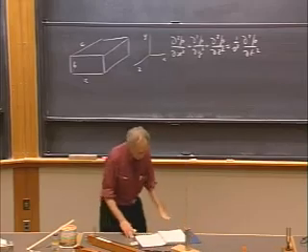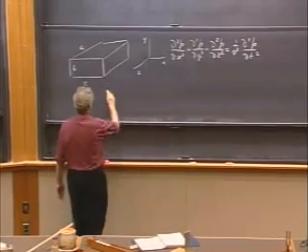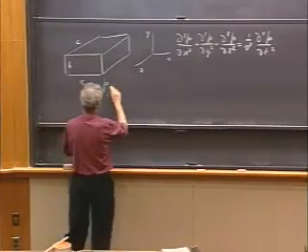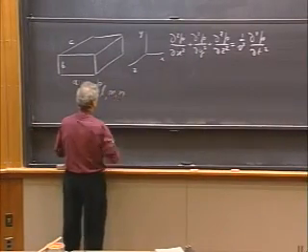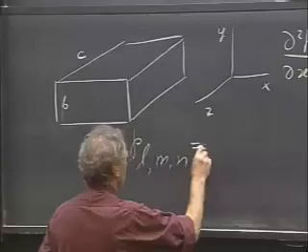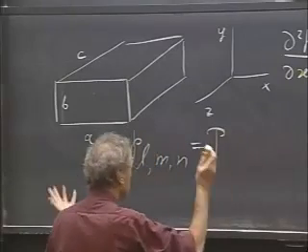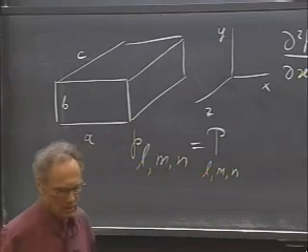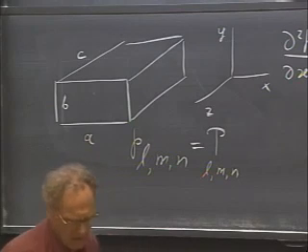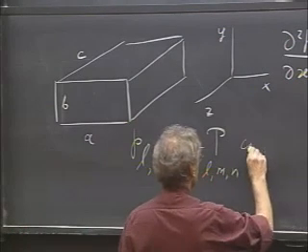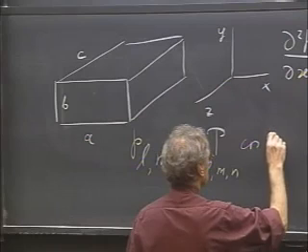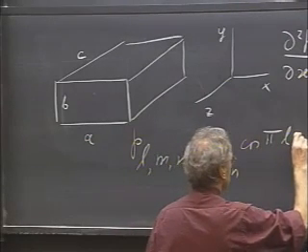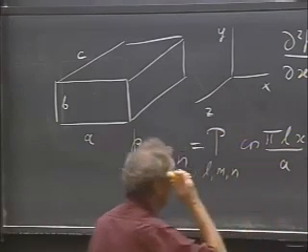And so the solution then for the pressure, in terms now of 3 quantum numbers, L as in lion, M as in Mary, N as in Nancy, is some kind of an amplitude which can be chosen differently for the different modes. So I give them the index LMN, and then you get the cosine of pi times L times x divided by a.